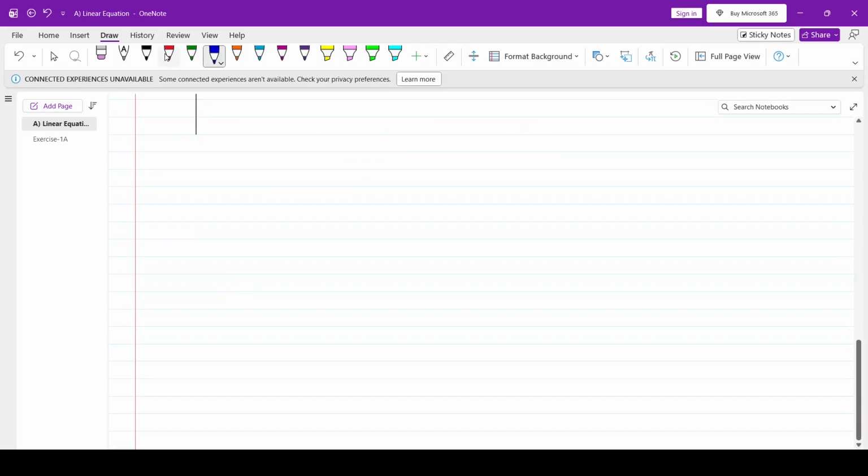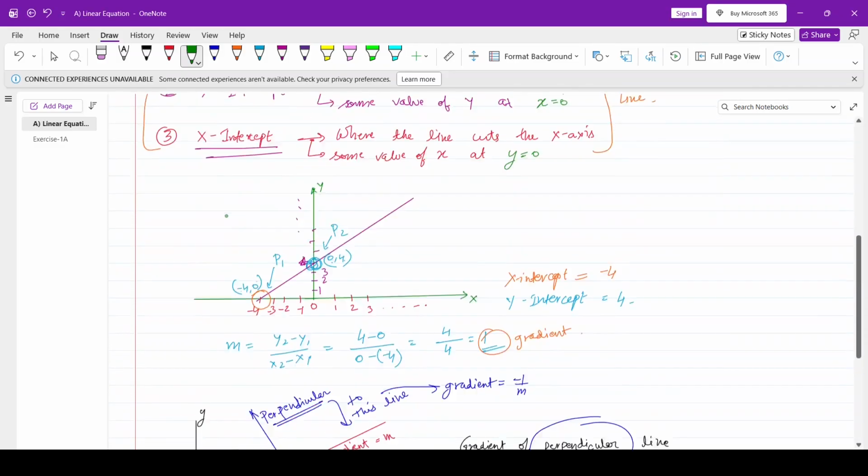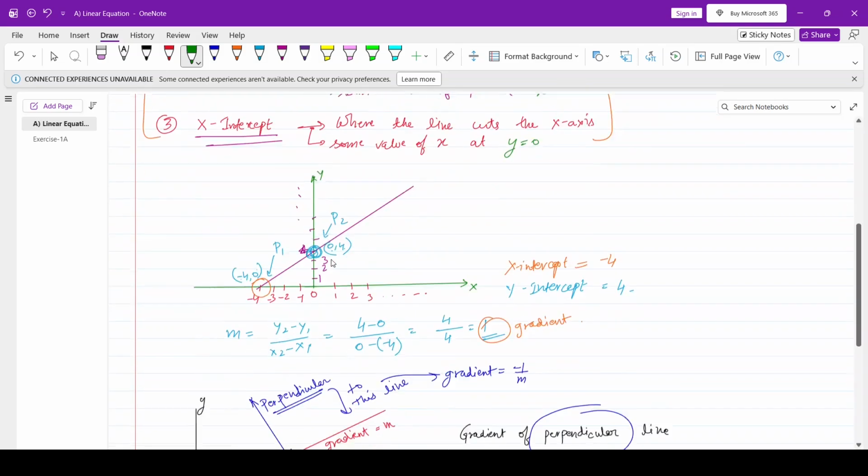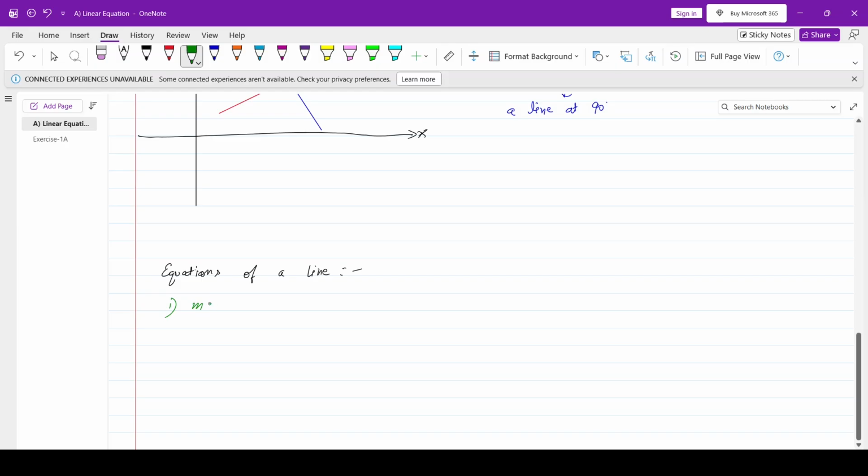Coming to the third part, equations of a line can be written in 3 forms. One form comes from this part. When we say gradient is equal to y2 minus y1 divided by x2 minus x1, suppose rather than writing like this, we write this as y minus y1 divided by x minus x1.